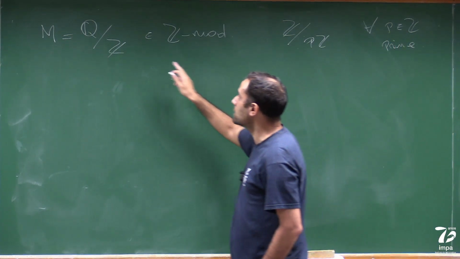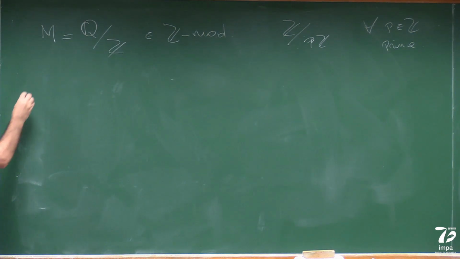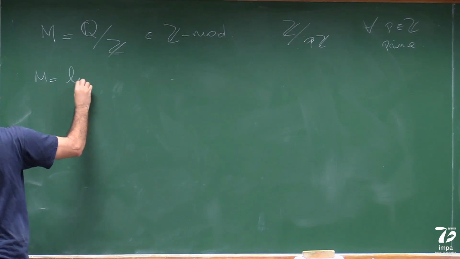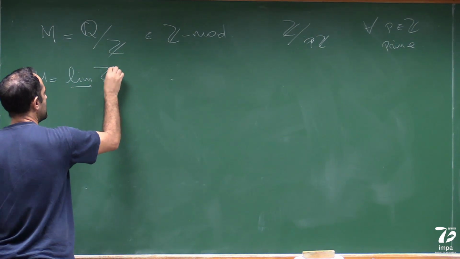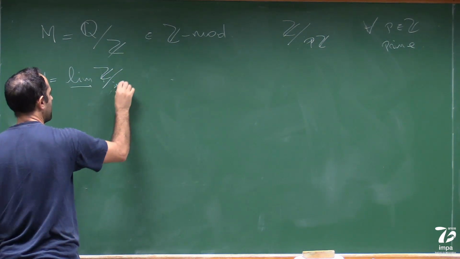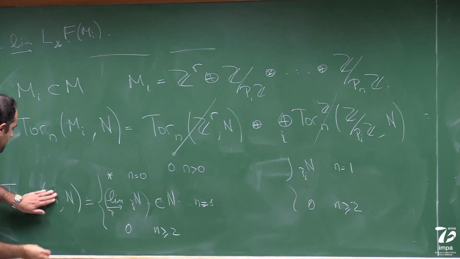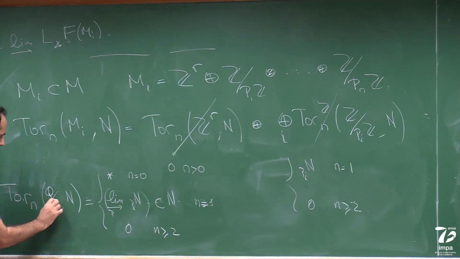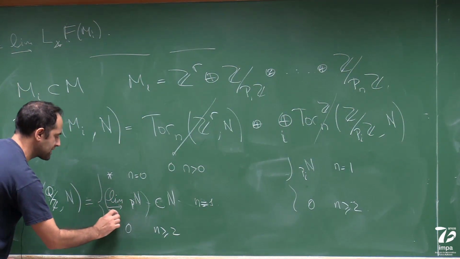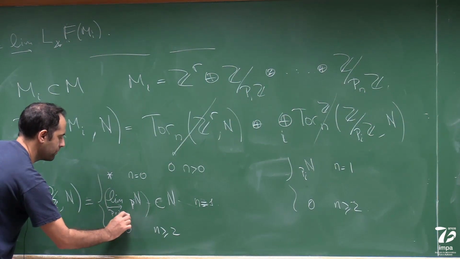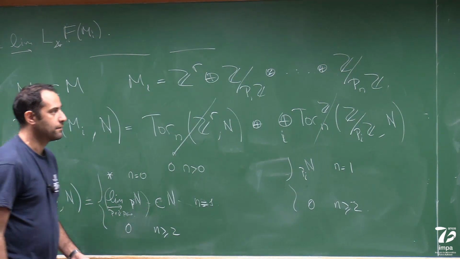So the direct limit of those is this. So M is equal to the direct limit of Z/pZ, and I'm using this here. So let me write Q/Z to make it precise. And here it's not pi, this is N_p over all primes p. So this, by definition, is the torsion subgroup of N.